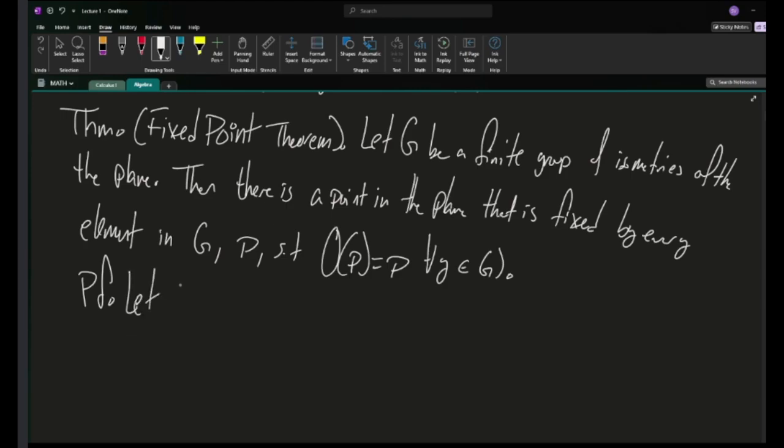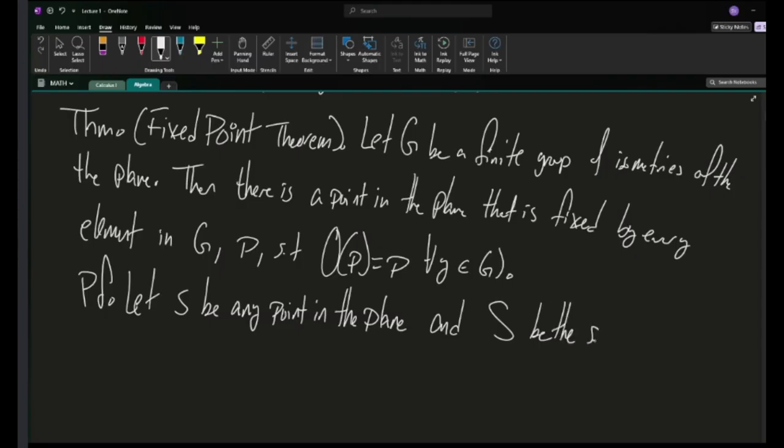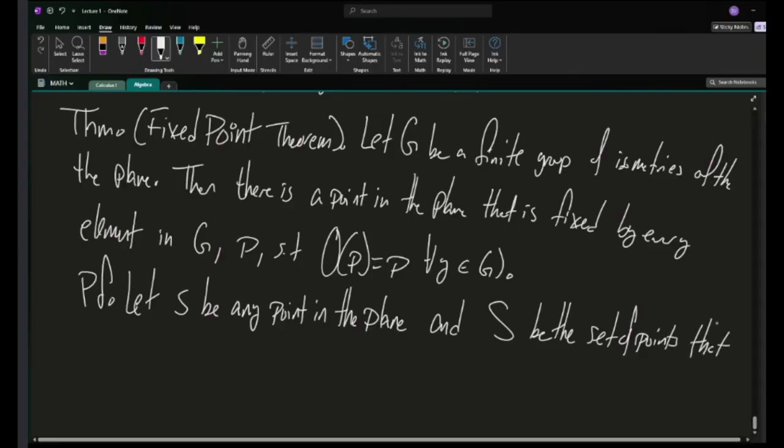Let S be any point in the plane and capital S be the set of points that are images of S under various isometries.